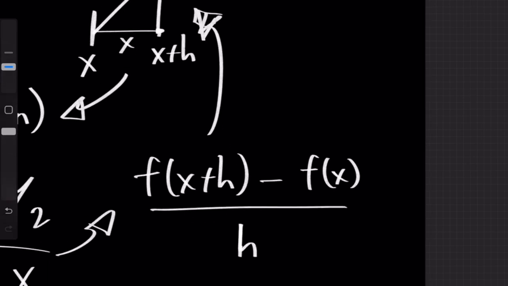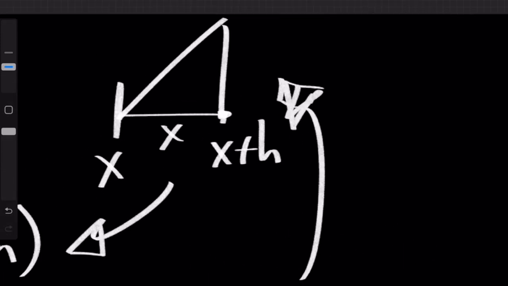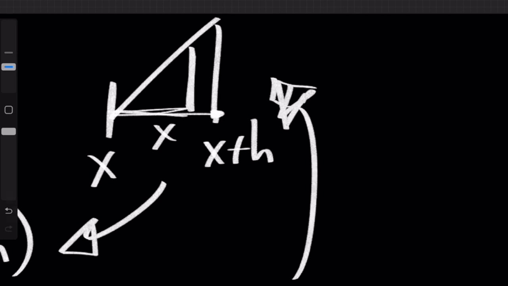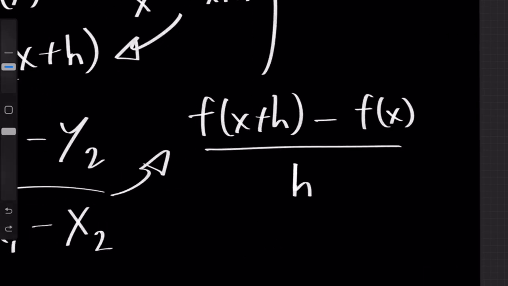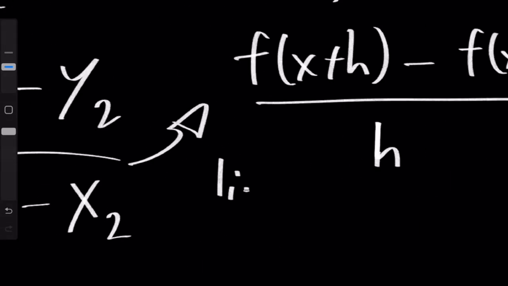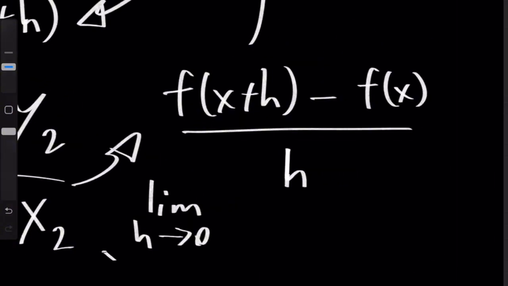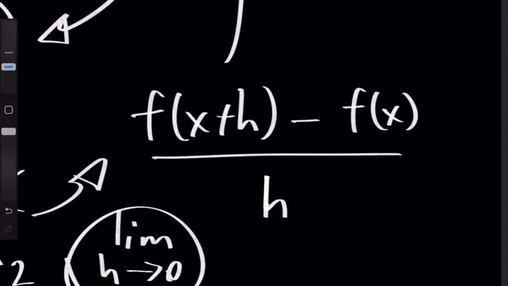This is the slope. Now to find the derivative, we need the change in x and change in y to approach 0. So this needs to approach 0. We can write that as the limit as h approaches 0.